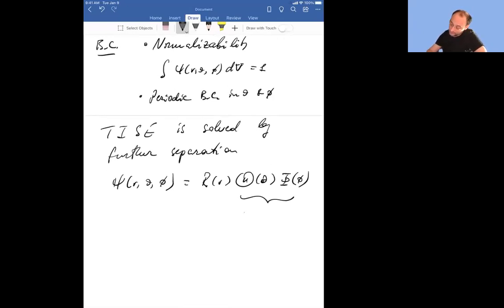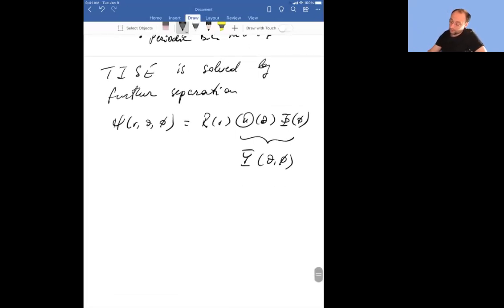The product of these angular functions is often labeled by a function called big Y. So psi of these 3 coordinates is a product of a function that depends only on the radius and a function that depends on the angles.